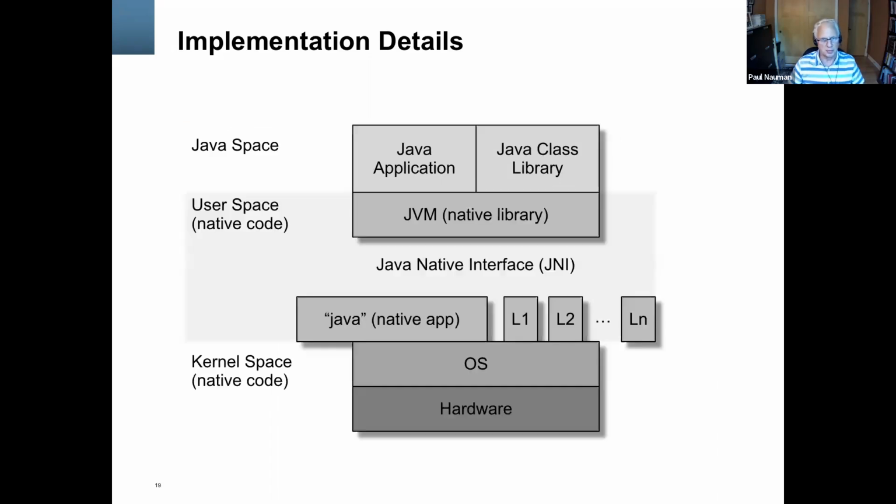So breaking this down one step further, again, the application and class library are in Java space, but the JVM is actually broken into a number of components. The Java executable that we run to start our program is actually referred to as a launcher. It's a very small program.